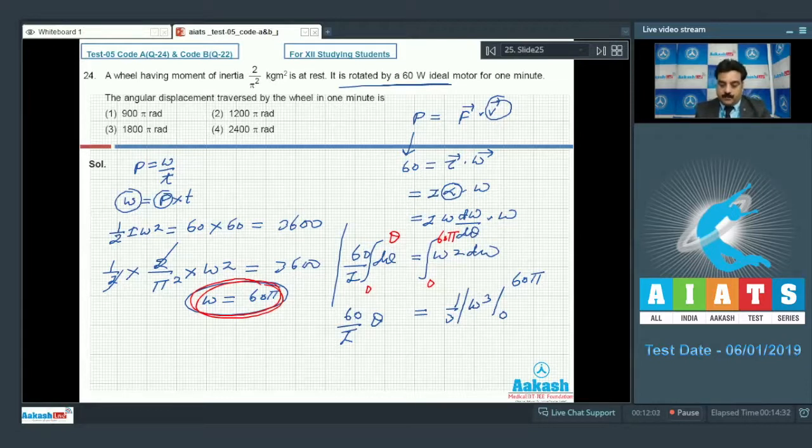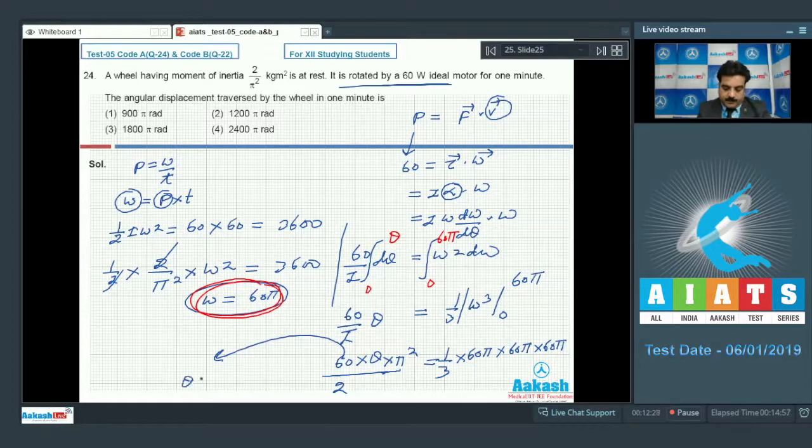Now I put in the values: 60 into theta, the moment of inertia is 2 upon pi square, and 1 by 3 times 60 pi cubed. Then you apply the limits. Overall, when you solve, you get theta is 2400 pi radian. So that is what I was trying to calculate. On that basis, we can say my option number 4 will be the right choice.